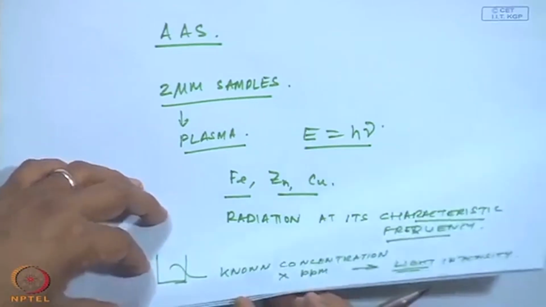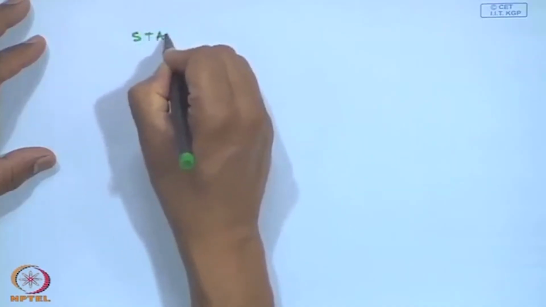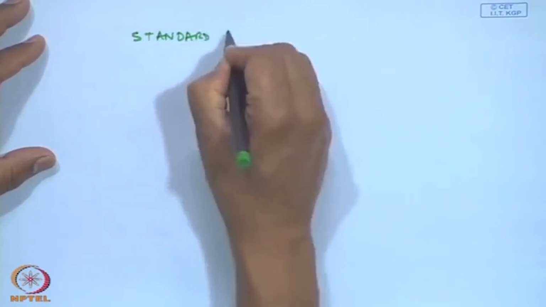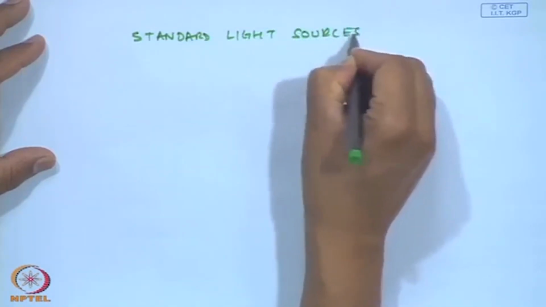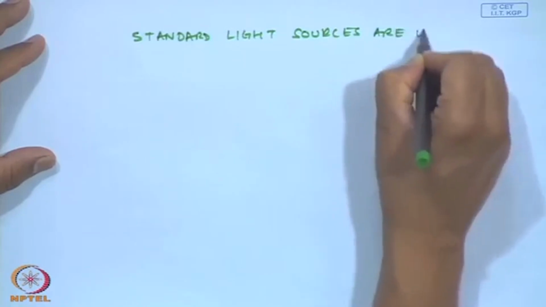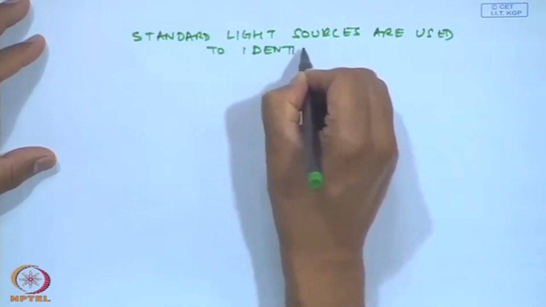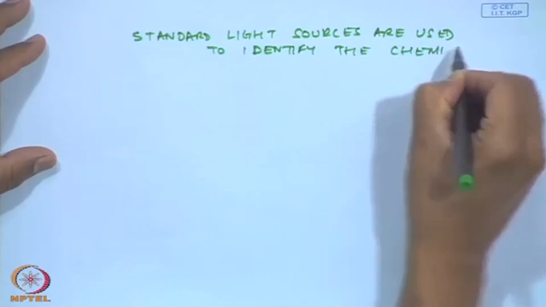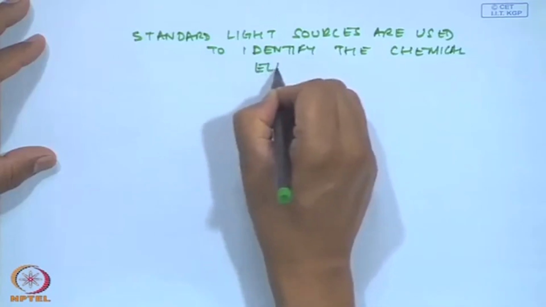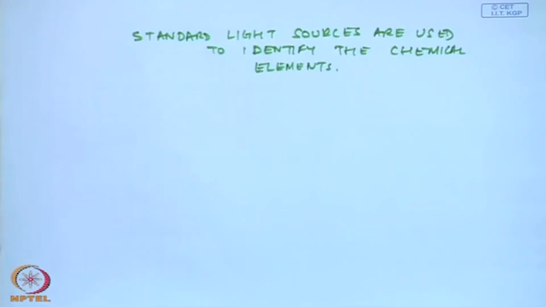So, oil standards and standard light sources are used to identify the chemical elements.